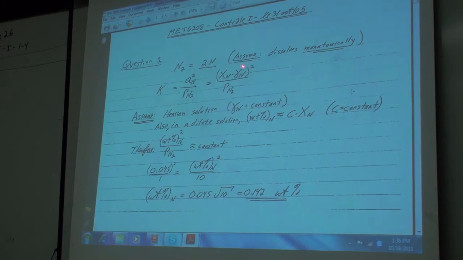So therefore, weight percent nitrogen squared over PN2 is approximately constant. The gamma is constant, so I don't have to know what K is or what gamma is. All I know is that weight percent nitrogen squared over PN2 is approximately constant. That's called Sievert's law.